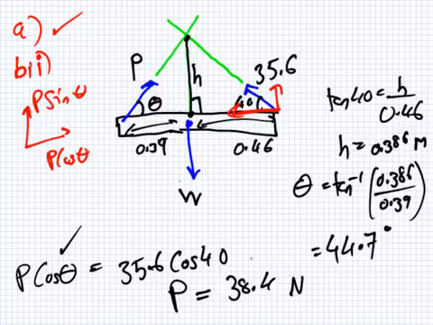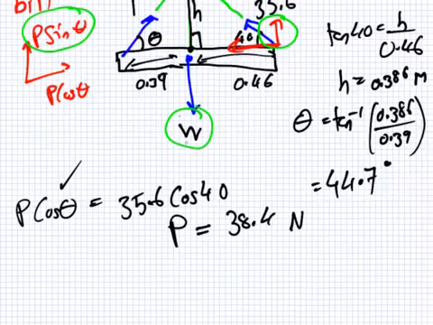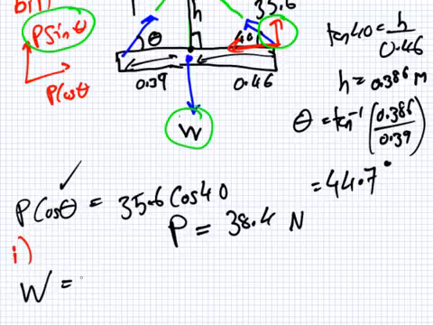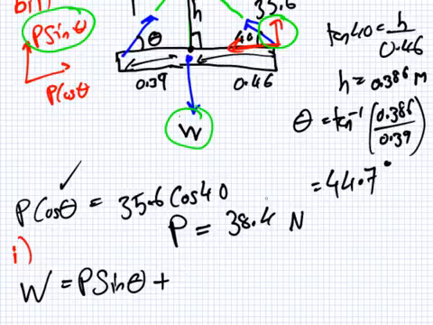Alright, so now we can get part 1, because I can say this plus this one here should equal W. So W, this is part 1 now. W equals P sine theta plus 35.6 sine 40. Why did you use cos theta here?